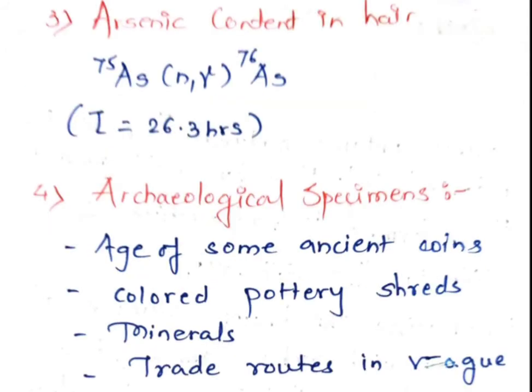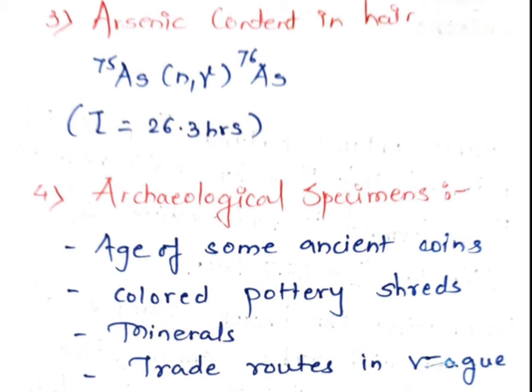Then we will see the third application, the arsenic content in hair. As we know, slow arsenic poisoning can occur, so we have to find out the isotope. The isotope of arsenic which is naturally present is arsenic-75. After the (n,gamma) reaction, that will be converted into arsenic-76 and its half-life is 26.3 hours.